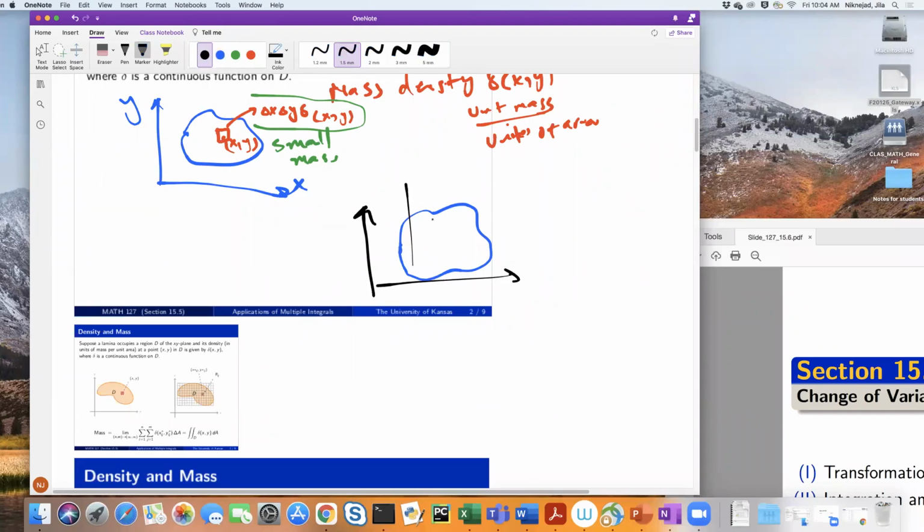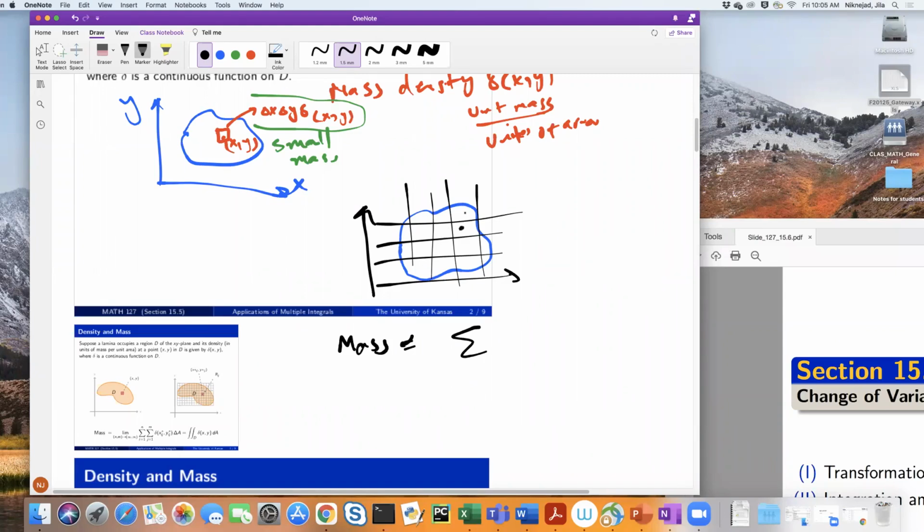And so if you do the Riemann sum again, you are adding up all these little values. And so the entire mass is approximated by the sum of those little masses.